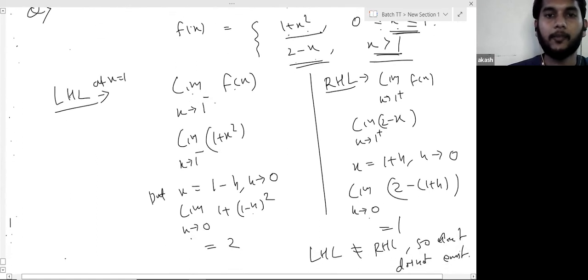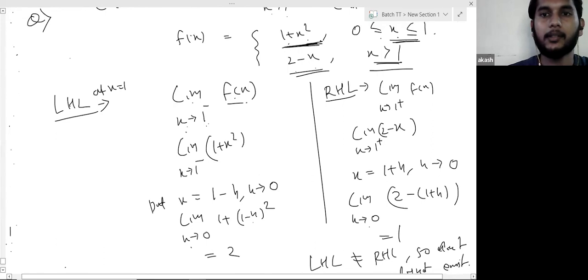We write limit f of x as x tends to 1 minus, because x is less than 1. So f of x will be this function, because look at the conditions. When x is less than 1, we have to assume this as the function.